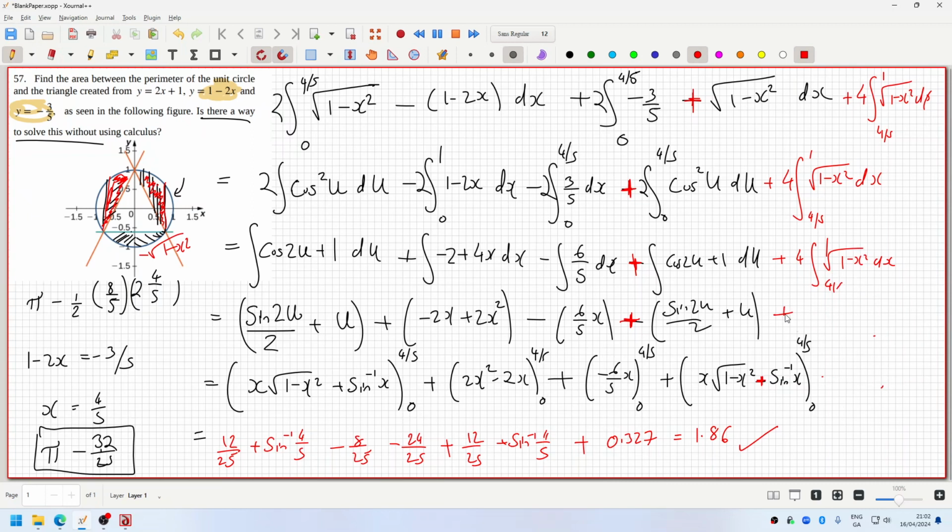That would be plus 4 times the integration, and then it's the same thing except you're multiplying by 4 instead of 2. So it's this same thing here, but just with a 2 in it. 2x root 1 minus x squared plus sine inverse x.